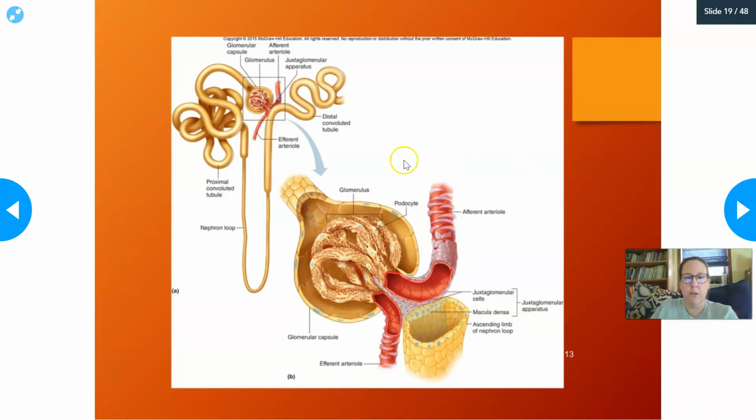So here's what it looks like. So again, here's your illustration of a nephron with a glomerulus and a glomerular capsule, proximal convoluted tubule, descending loop, ascending loop, distal convoluted tubule.